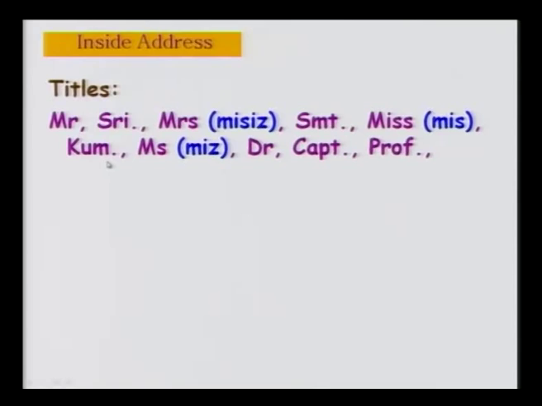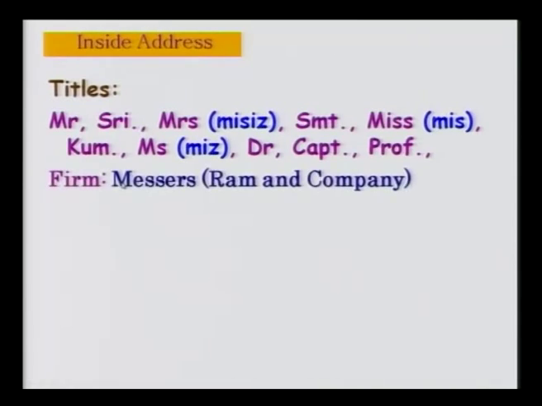Then Ms., a neutral title, neither indicating whether the person is married or unmarried, but just giving an honorary title. Doctor, captain, professor. All are titles, and depending on the person you need to use them.